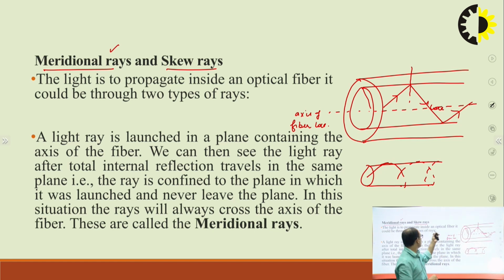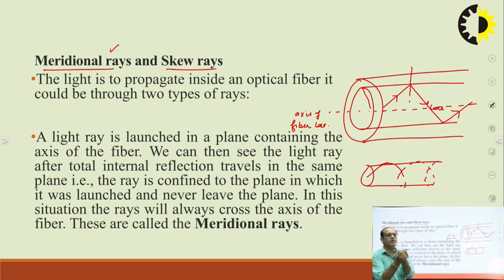Now another type of ray is a skew ray. This skew ray enters the optical fiber and travels along the boundary of the optical fiber cable, meaning along the boundary of the core, and after each reflection it travels to another part of the optical fiber core at another plane.